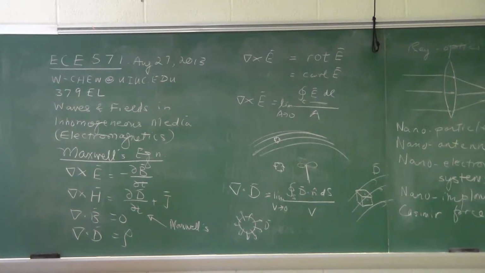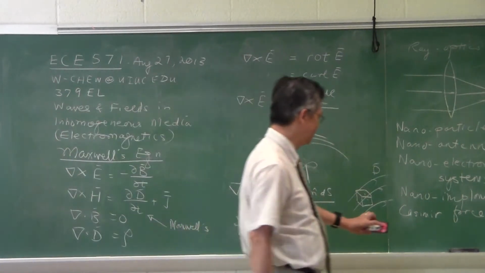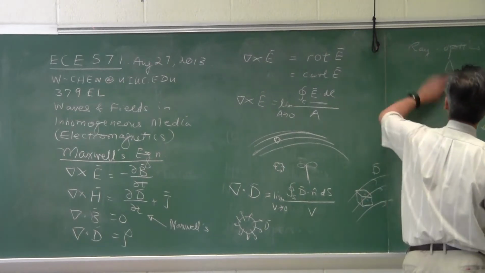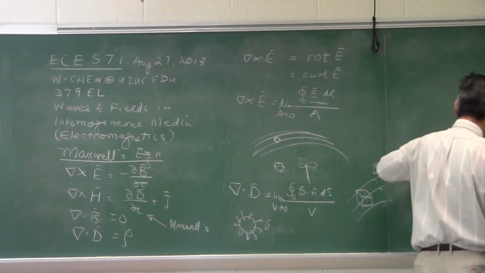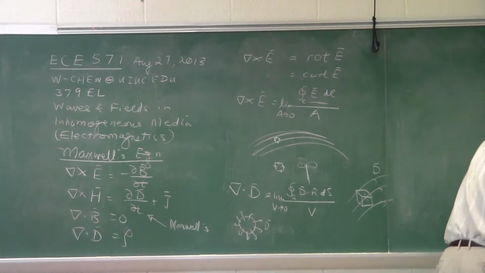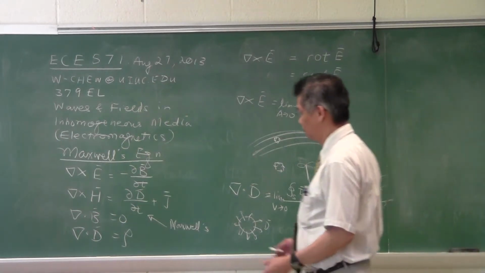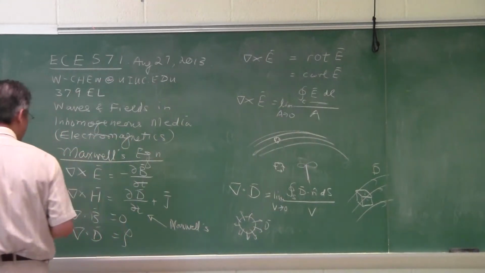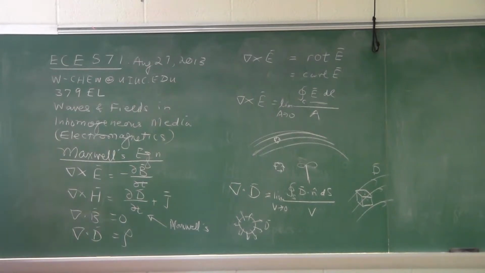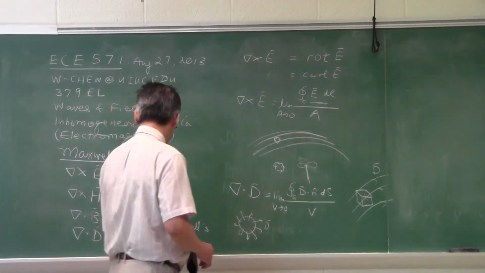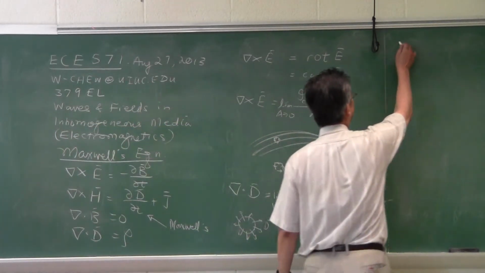Okay, so different people contributed to different parts of electromagnetic theory, but Maxwell gets the credit for it finally. But the person who wrote Maxwell's equations in this very nice form that we see presently is actually due to Oliver Heaviside.